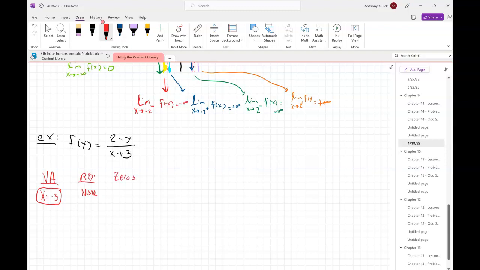How about the zeros? Good. That's the 0.20. Or y-intercept. 0, 2/3.